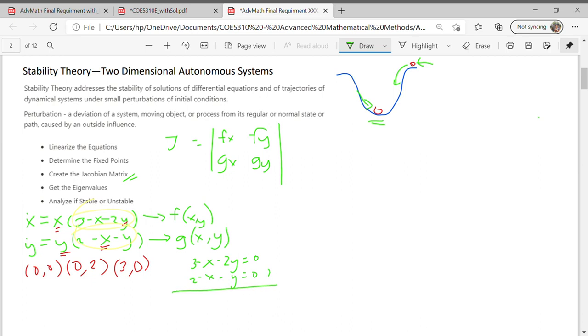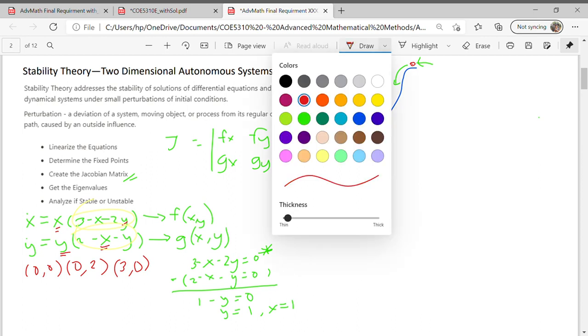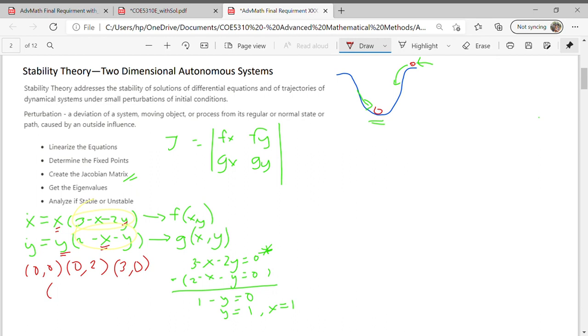So we simply subtract this equation. So we get 1 minus y equals 0, or y equals 1. Which then, if we substitute this value of y equals 1 to any of these equations, we get the value of x equals 1. So we get the fourth critical point or fixed point.